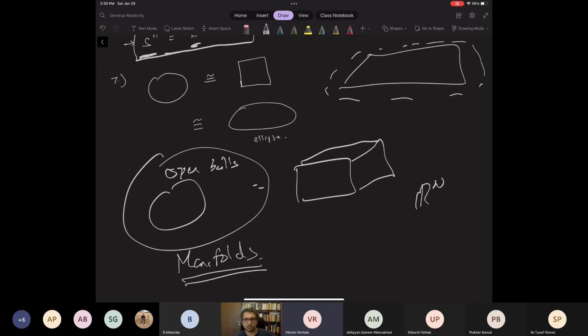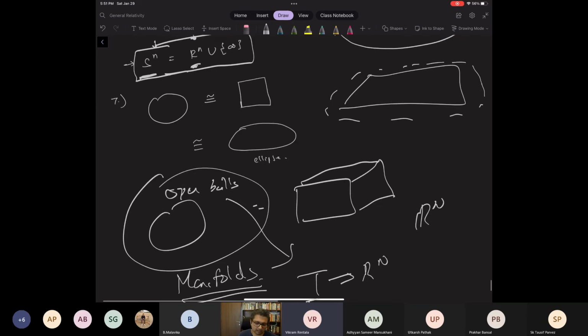We'll talk about open balls T as defining the topology of Rn. And a circle is also homeomorphic to an ellipse. It can be stretched into an ellipse, right? It doesn't have to be a regular shape. It can be any loop like this, which is also homeomorphic to a circle.